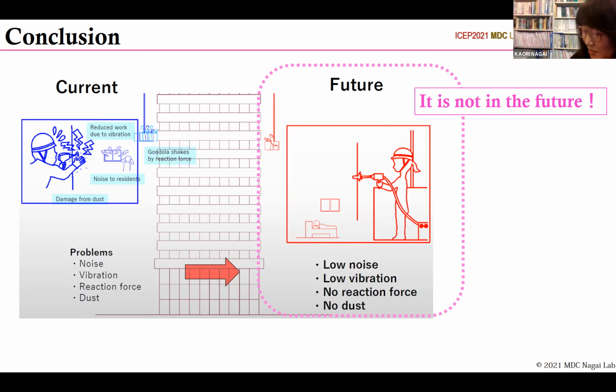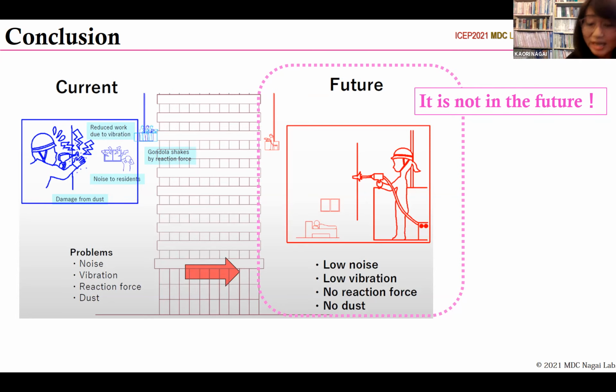Thank you very much for your question. Right now, it's a very good situation with no noise, low vibration, no reaction force, and no dust. But yes, exactly, laser is very expensive. So that is a problem.